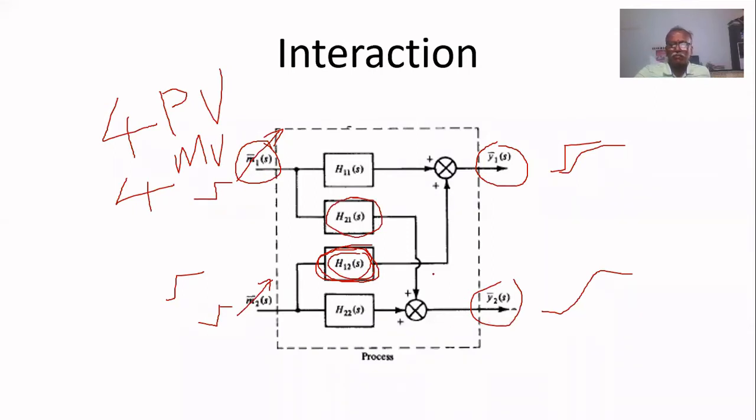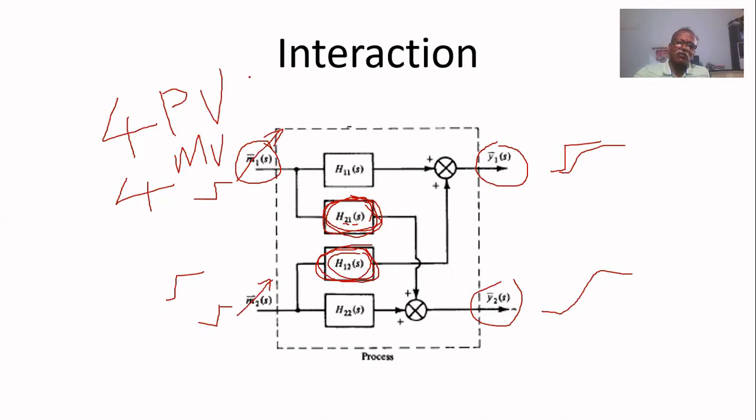That is the mathematical representation of how much a change in M1 affects Y2. Here also in H21, the suffix 2 represents the output and the suffix 1 represents the input.